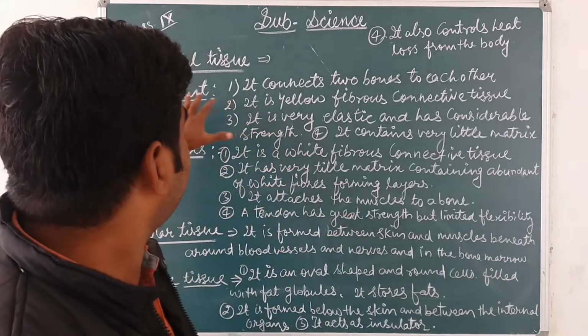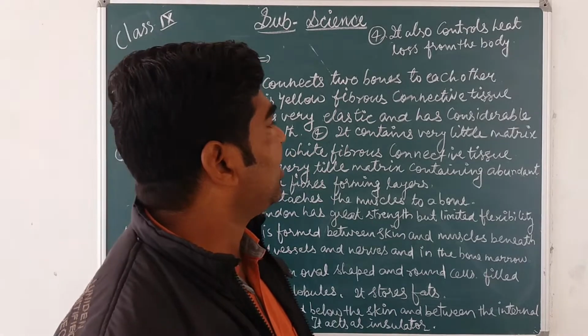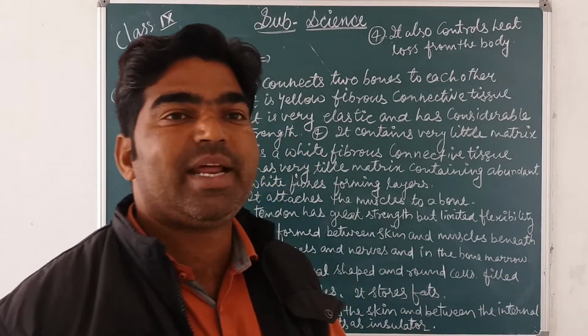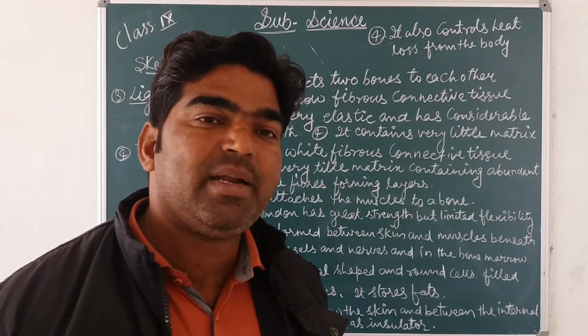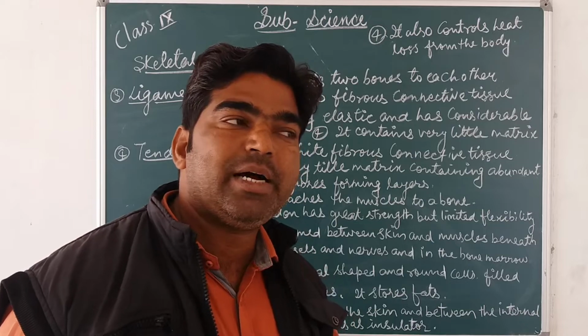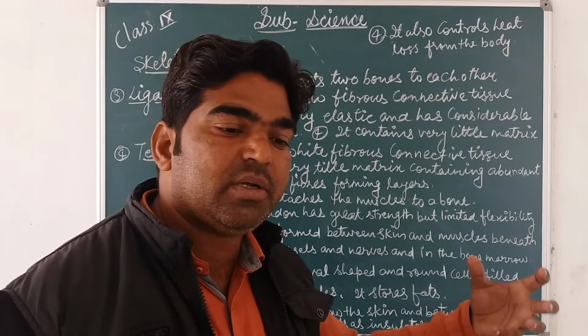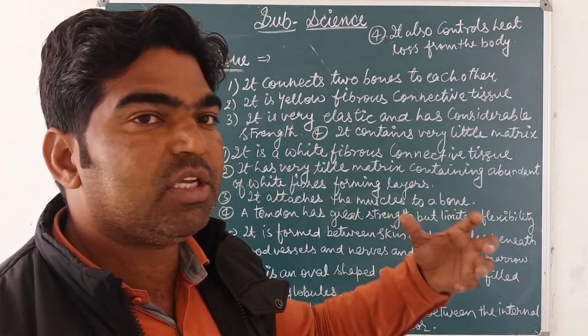So what is the role of this ligament? It connects the two bones to each other, and it works like a glue or a liquid which joins two bones, bones with bones.